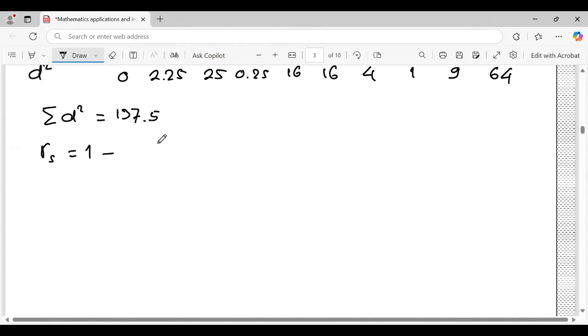RS is 1 minus 6 sigma d squared over n times n squared minus 1.